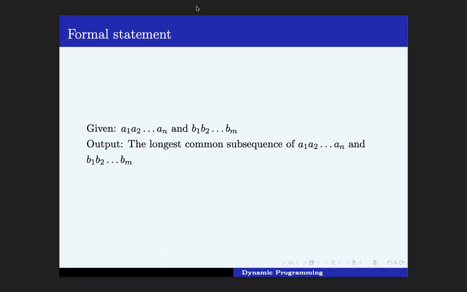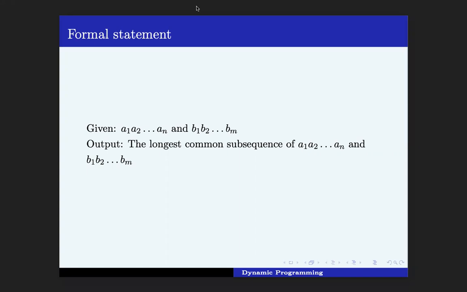Sir, I was saying, wouldn't there be a problem in the correctness of this? What if there is something like A1, A3, A2 in the second string? If we find A1 first and then we look at A2, there is no guarantee that the longest common subsequence will contain A1.